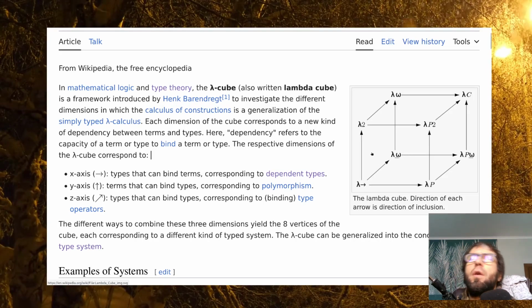If you look here, you can see that they have three types of arrows in this lambda cube. They have the horizontal arrow, vertical arrow, and z-axis arrow.